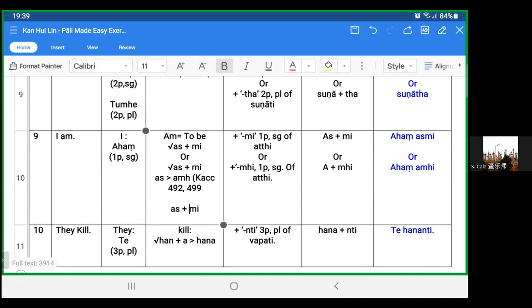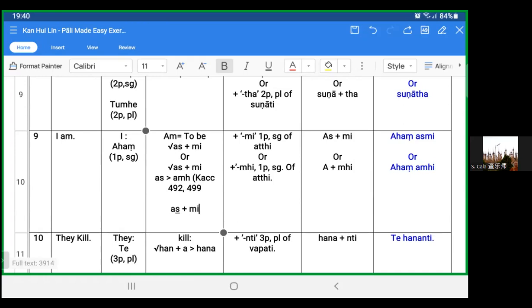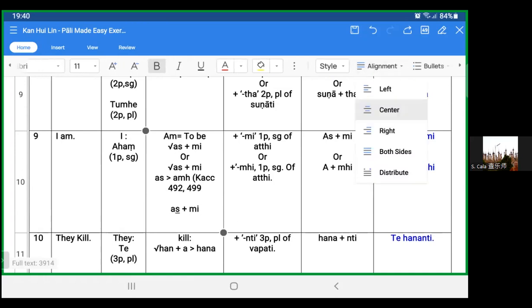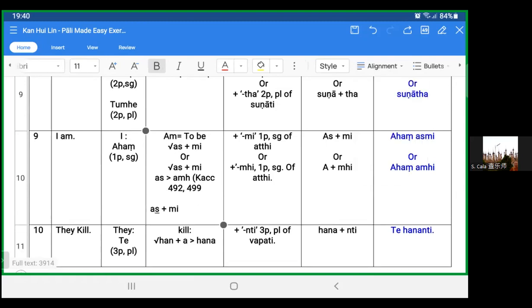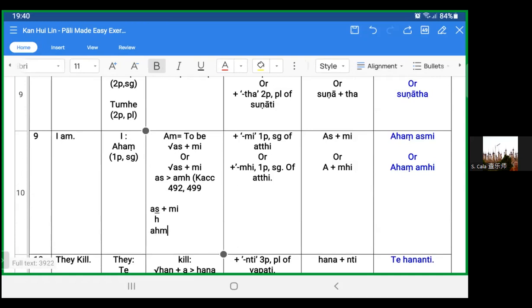Then remember last week I told you this s in Sanskrit, also in Pali, because Pali is linked with Sanskrit. So basically this s changes to h, right? Then you get ahmi. Remember the h is just a puff of wind, so we call it aspiration.